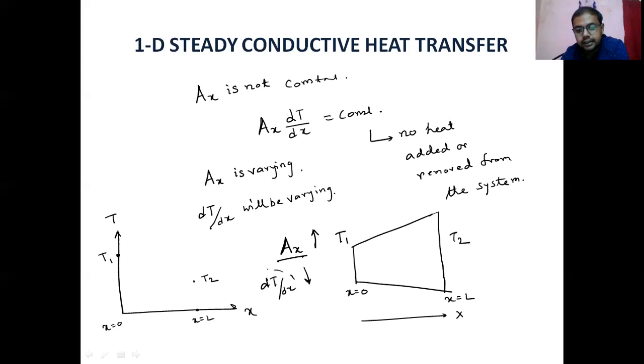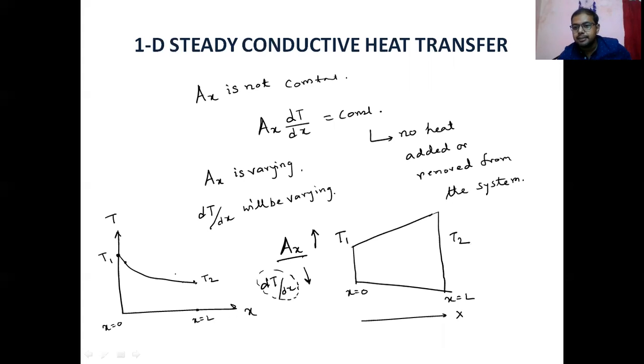You see here, the temperature gradient is decreasing, so it will be like this. The slope is decreasing. At each and every point, initially the slope is higher, later the slope is decreasing. That is the concept. The question is coming from this sense.